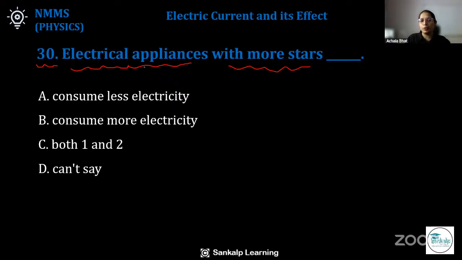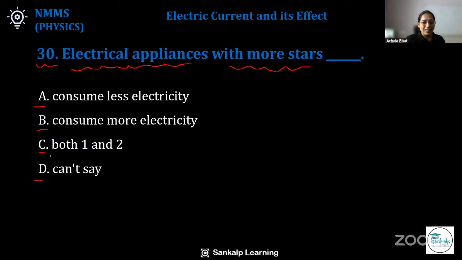Electrical appliances, if they have more stars, which means A, consume less electricity, B, consume more electricity, C, both 1 and 2, D, can't say. If they consume less energy and give more result, then they will be having more stars.